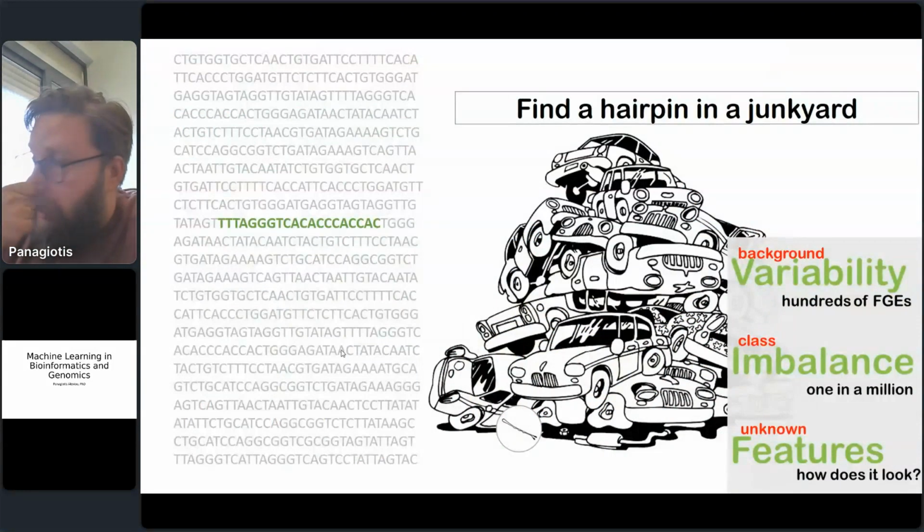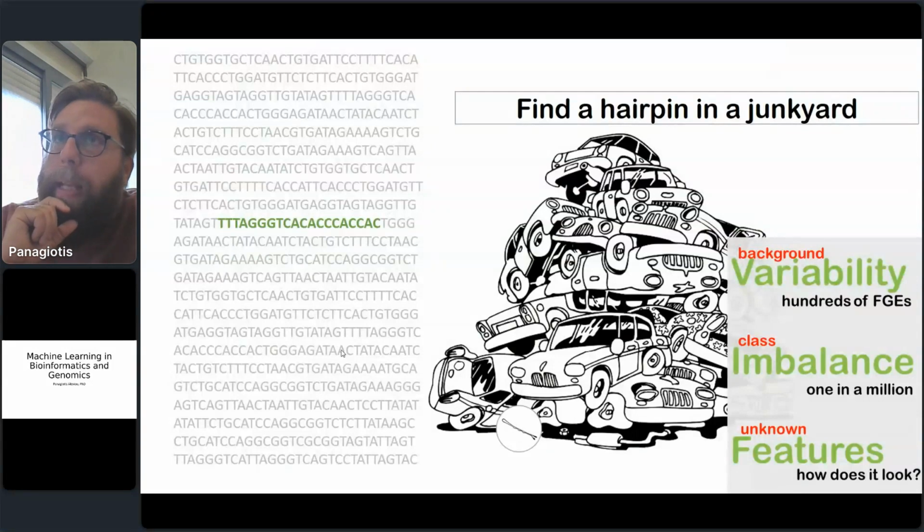So the question we're going to talk about today, I like to think about it as finding a hairpin in a junkyard, not a haystack, because a haystack is relatively easy. In a junkyard, there are many more things that look like a hairpin, and it's all metal parts that could look exactly like the thing you're looking for, but they are really not what you want.